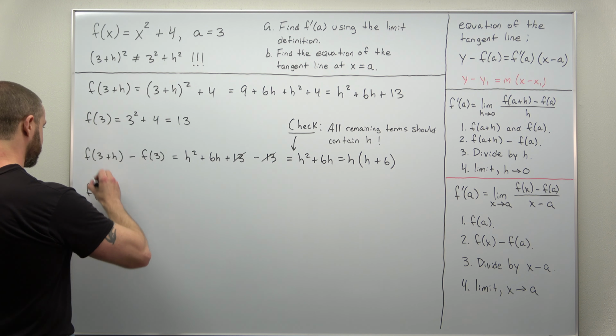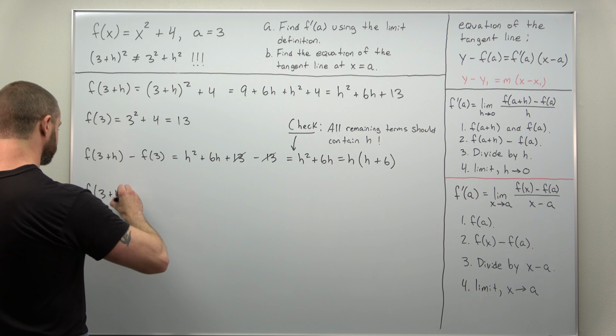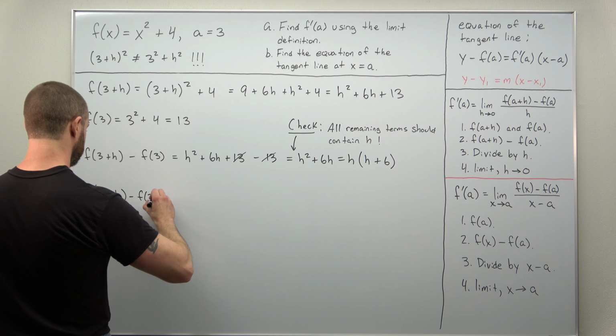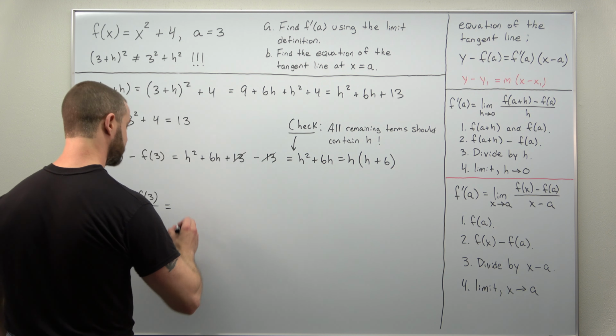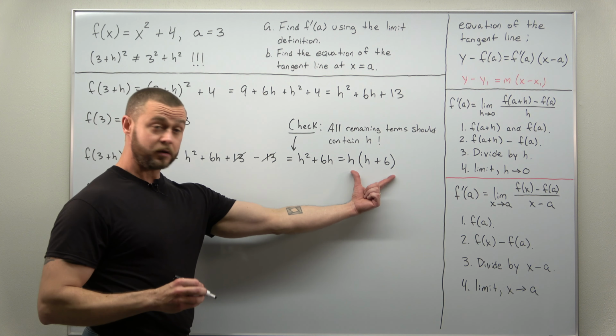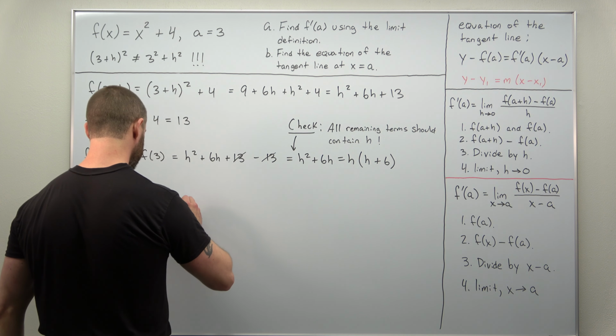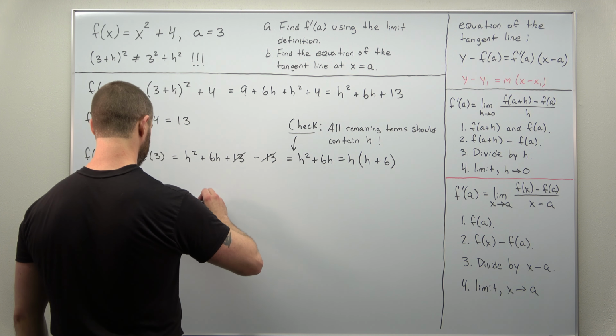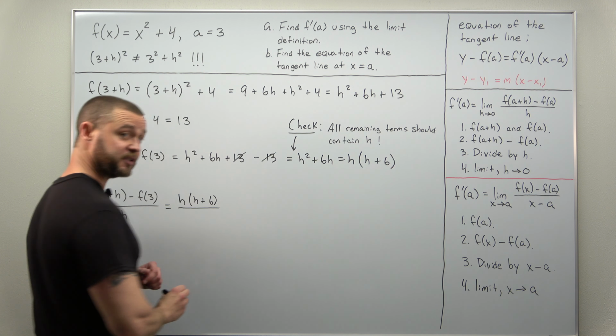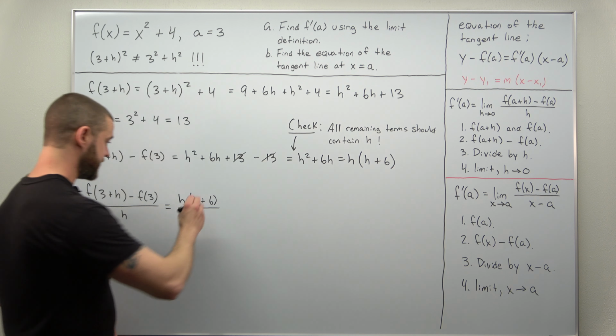So we're going to take the numerator, which is this difference, and that is going to be divided by h. So we just simplified in the step above. We got the numerator, the difference, as h times h plus 6, and now we're dividing by h.